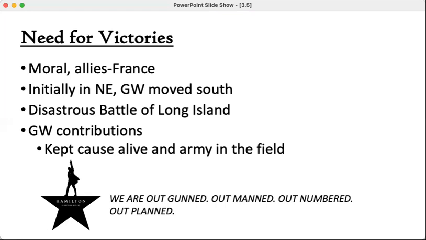Washington is going to be able to keep the cause alive, right? He's going to really argue and articulate that we are not colonies anymore. We are Americans. We are together. And it's hard to keep an army going. Military historians will say wars are not won by strategy, they're won by logistics. So what's the difference? Strategy is things like the Trojan horse. We'll swoop in on their left flank. We'll lead the charge here, right?